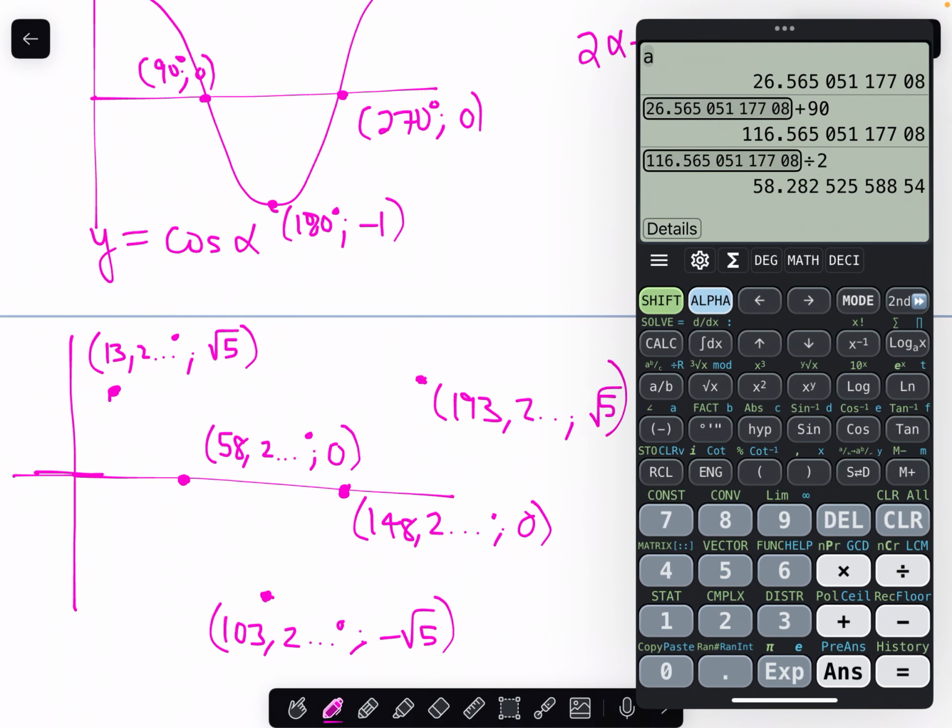Okay, right. And from here to here, we should be traveling 180 degrees because that's the new period. Right, and so it goes something like that.